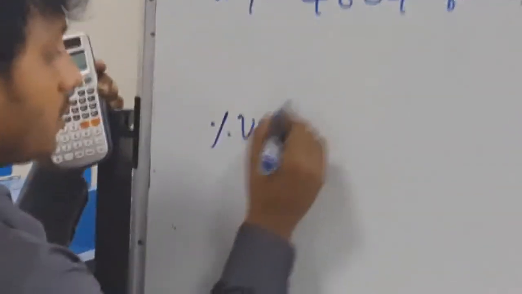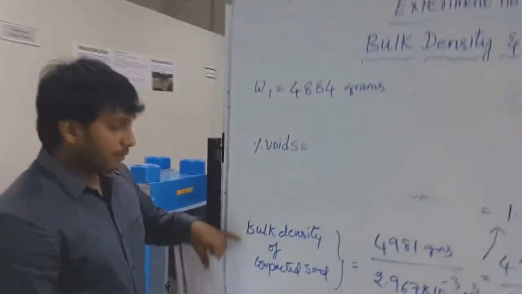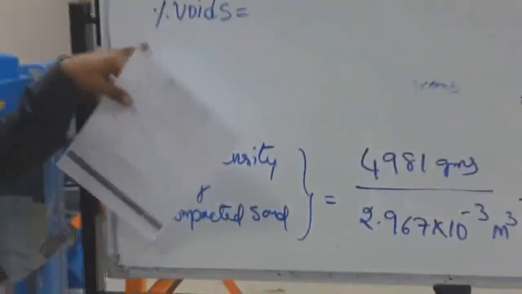So once you get this bulk density of compacted sand, you have to find out the percentage voids. As you remember the percentage voids formula, after calculating the bulk density of compacted sand, you have to determine the percentage of voids.